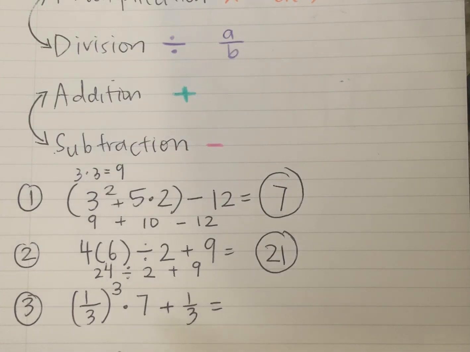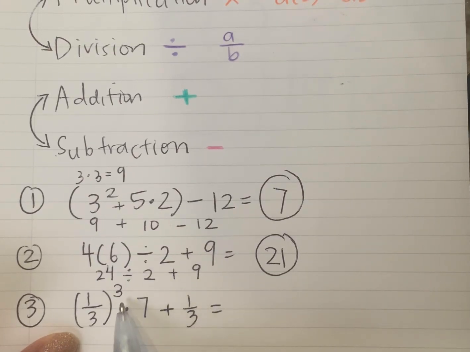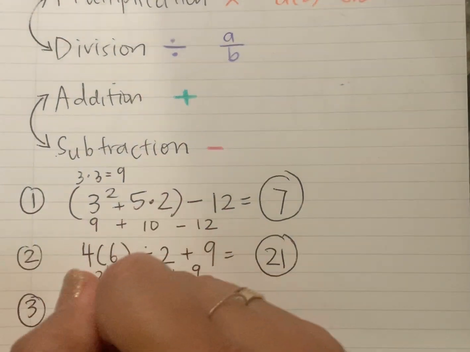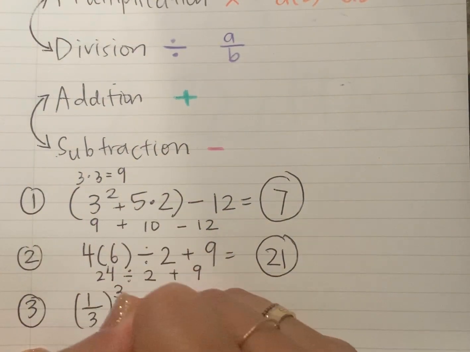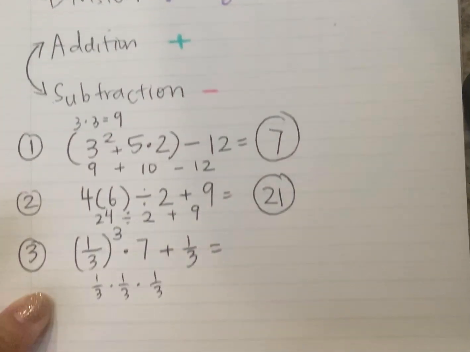All right, let's go over the last one. If we see 1/3 to the third power, again, we know that this does not mean 1/3 times 3. It means 1/3 times 1/3 times 1/3.